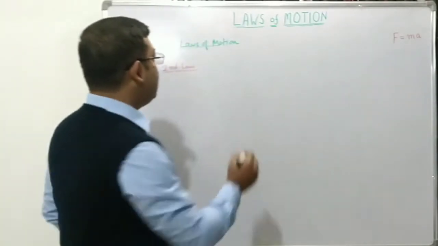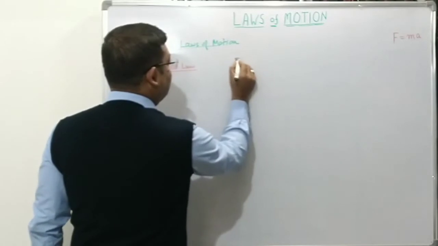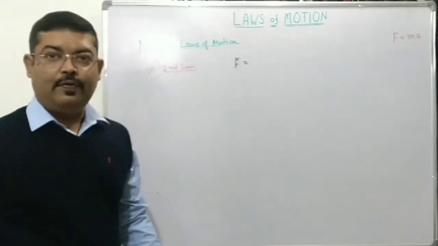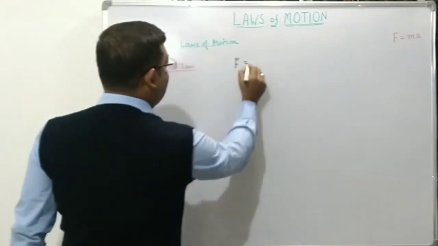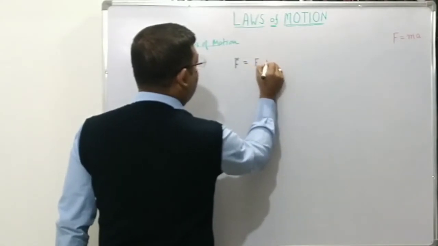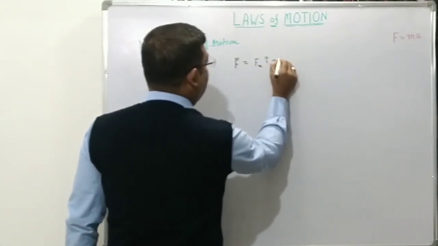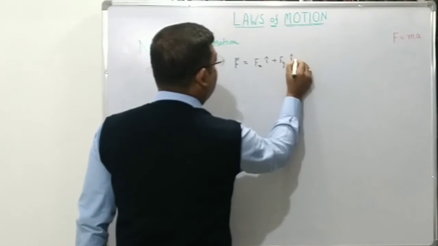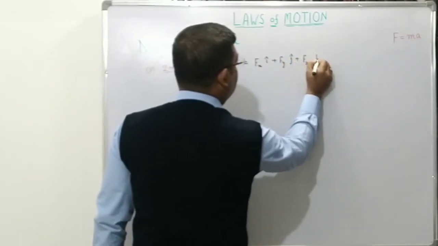Now let's consider the force. We have already seen that force is a vector. So we can always write force in terms of its rectangular components. Let's say F is equal to Fx i cap plus Fy j cap plus Fz k cap.